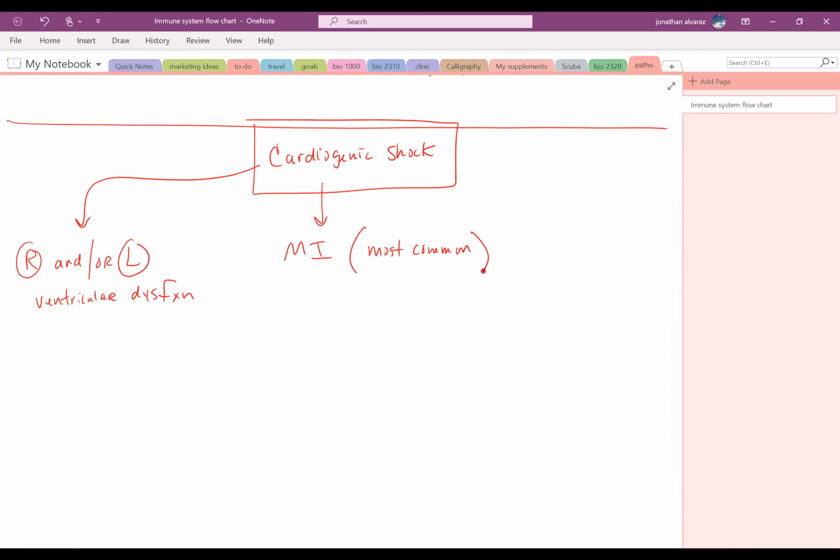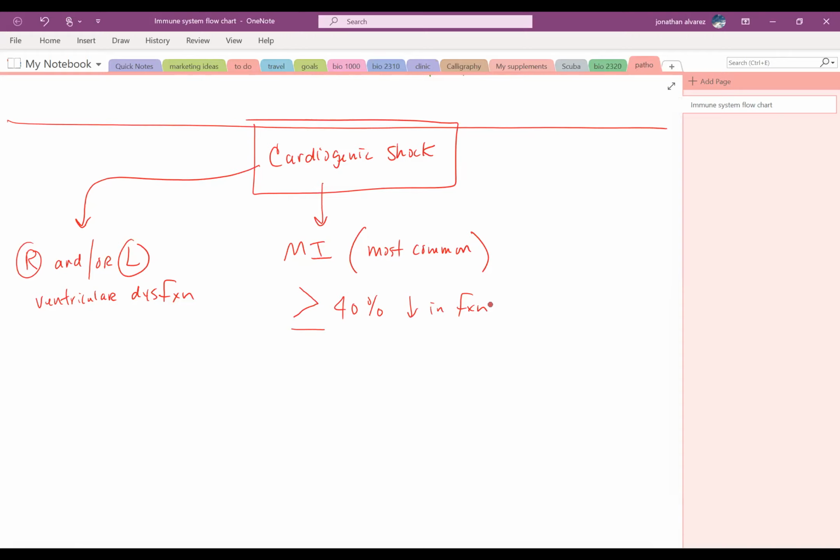Okay, this is usually where the heart is experiencing a greater, I guess you could say, greater or equal to a 40% decrease in function. Okay, so in other words, if the heart is experiencing 5% dysfunction, okay, probably not cardiogenic shock.